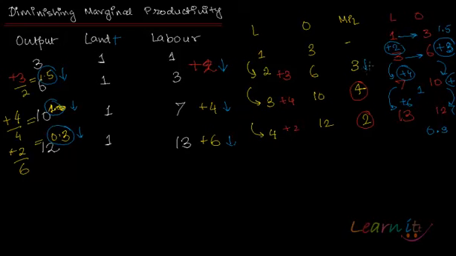These additions may first increase and then start falling. It will not fall from just the first unit, but they may start increasing and then they will fall. Initially an additional unit of labor might add more to output, but then it will start falling. So this is your diminishing marginal productivity.